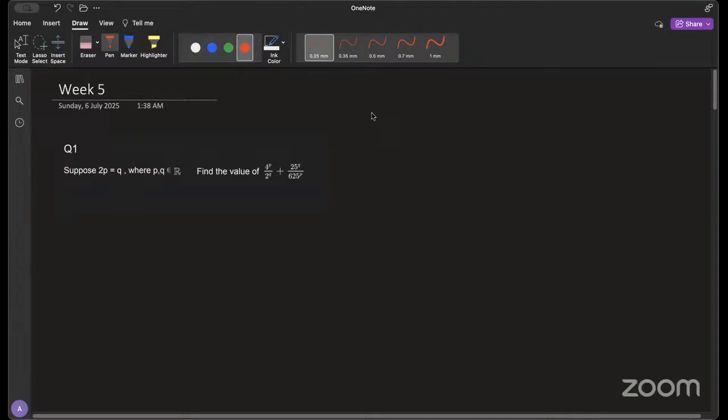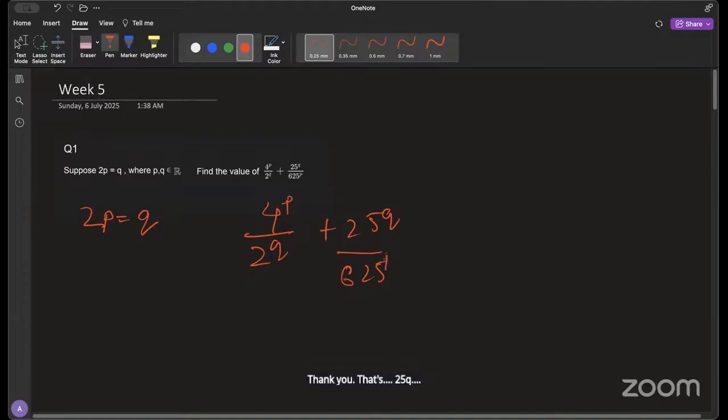Okay, that was quick. I think everyone's able to do it, but let's just solve it anyway. This is the question, and you've been given that 2p is equal to q, and you've been asked to evaluate 4^p divided by 2^q plus 25^q by 625^p.